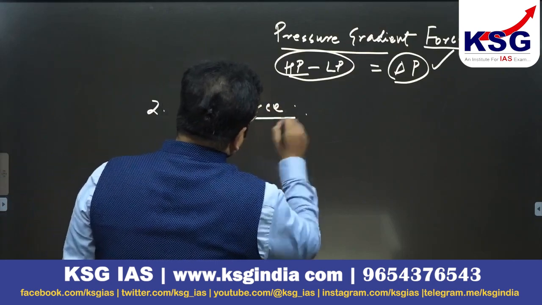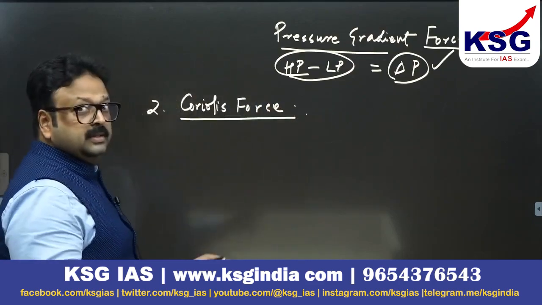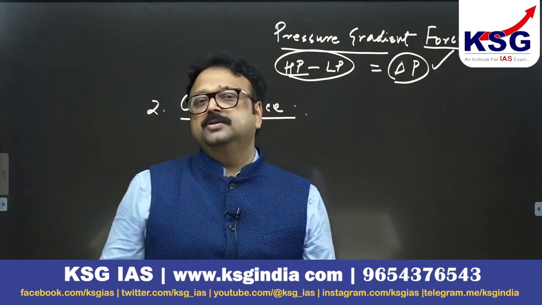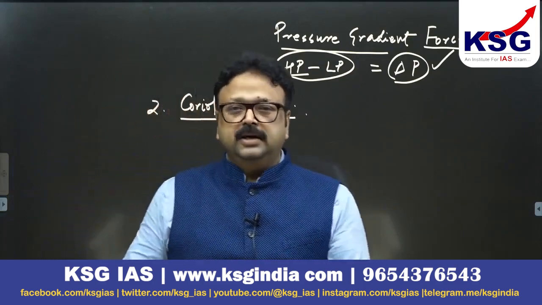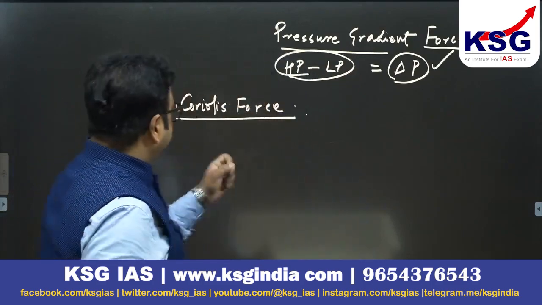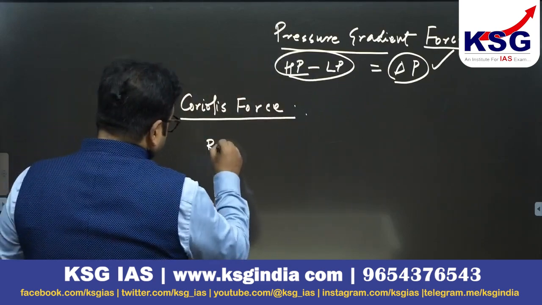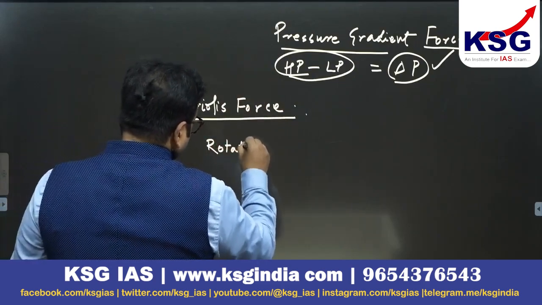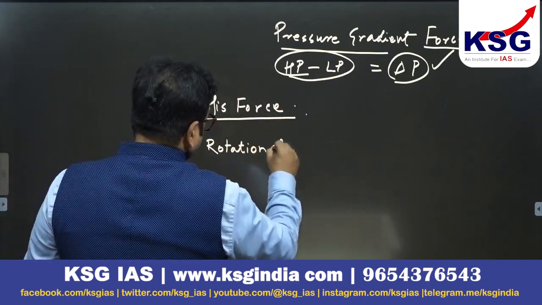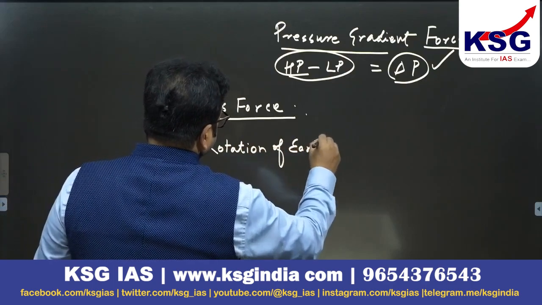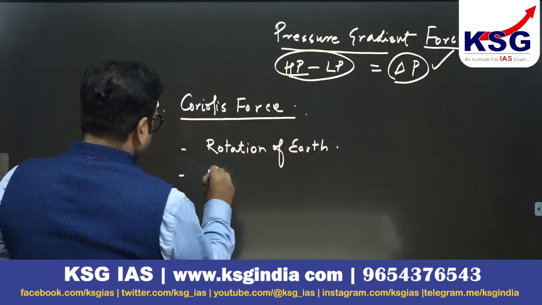And this Coriolis force, what is this? Apparent frictional drag. It is not a true force. It is apparent frictional drag. It is because of rotation of earth and sphericity of earth.